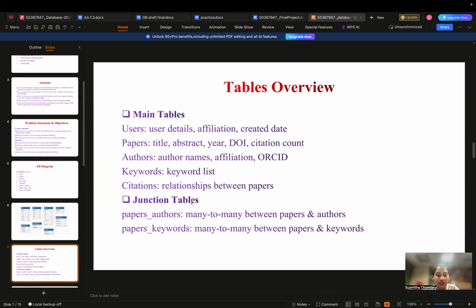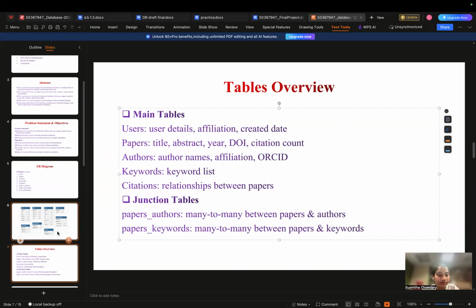And coming to the junction tables, we have two junction tables, paper authors and paper keywords, where paper authors has a many-to-many relationship between papers and authors, and paper keywords has a many-to-many relationship between papers and keywords. All the tables are normalized to 3NF to remove redundancy and maintain data integrity.